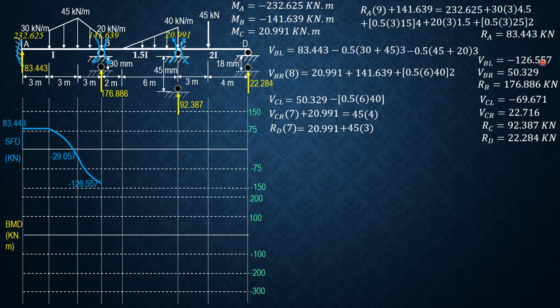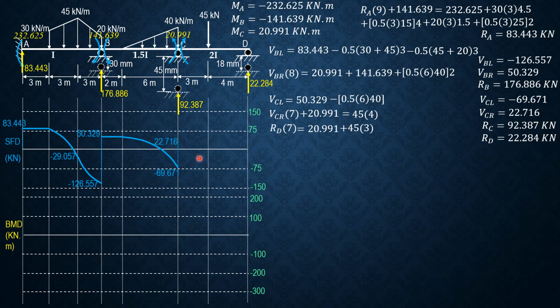And it checks here. Then plus 176.886, 50.329, which is the shear just to the right of B. It checks here. Then constant. Then minus the area of this loading, minus 0.5 of 6 times 40, negative increasing. So we have negative 69.671, which is the shear just to the left of C. It checks here.